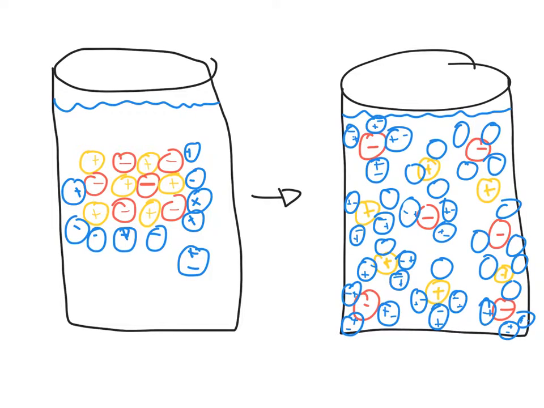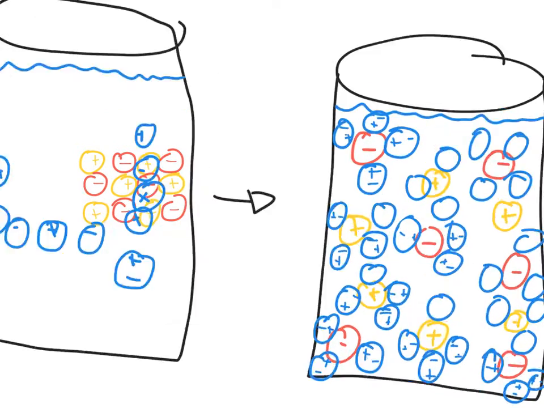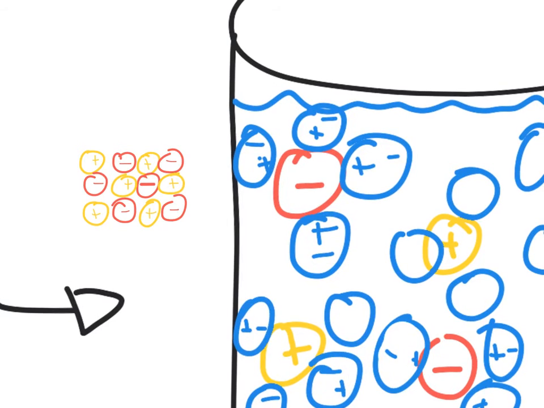The end result, once the copper chloride is completely dissolved, is we have all of those ions evenly distributed throughout the water, and water molecules that have arranged themselves surrounding all of those different ions. So if we zoom in on one of them for a moment, here's our negative chloride ion. It's got water molecules that have surrounded it.